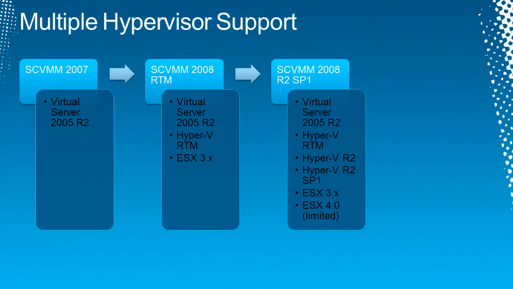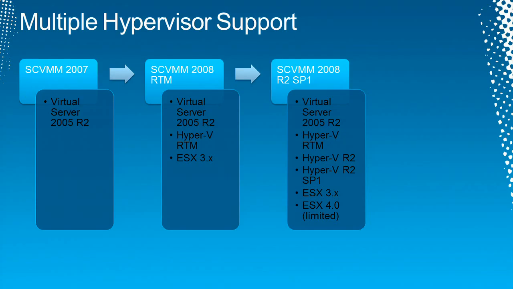And in 2007, we've always had multiple hypervisor support. In 2007, we kind of only had support for Virtual Server 2005 R2. And let's face it, not a lot of people use that. So we weren't a really value-add proposition there. But SCVMM 2008 RTM came along, and we added support for Hyper-V and ESX, and we maintained our support for Virtual Server 2005 R2.